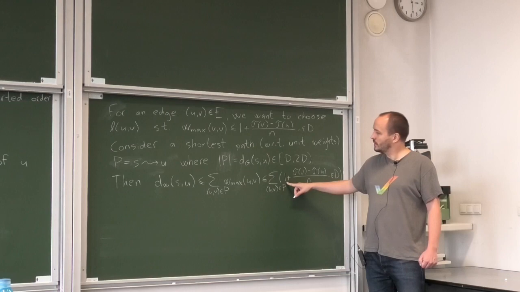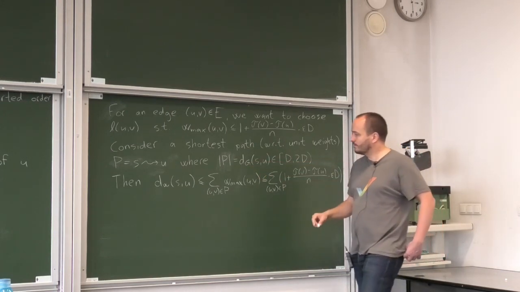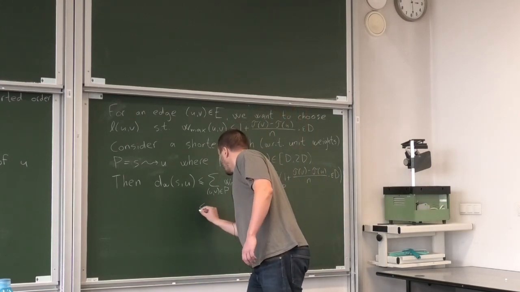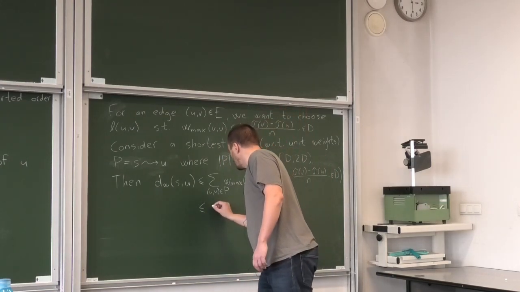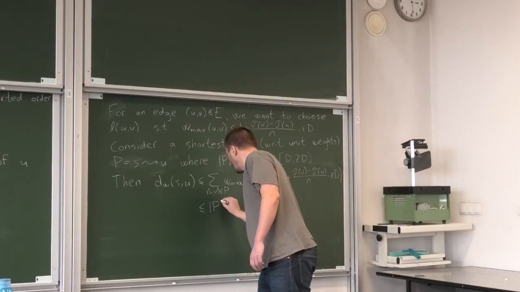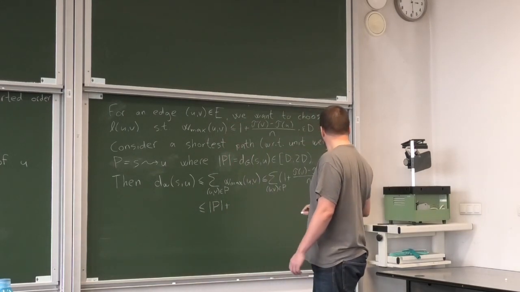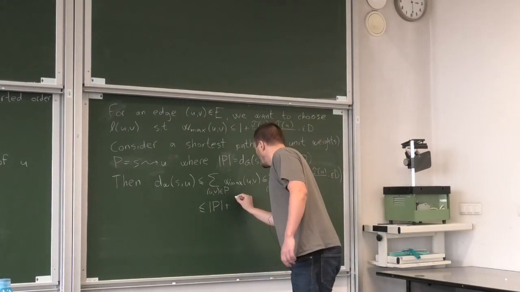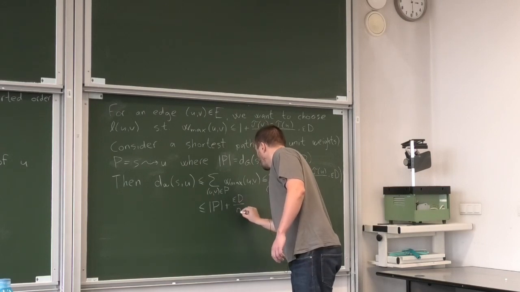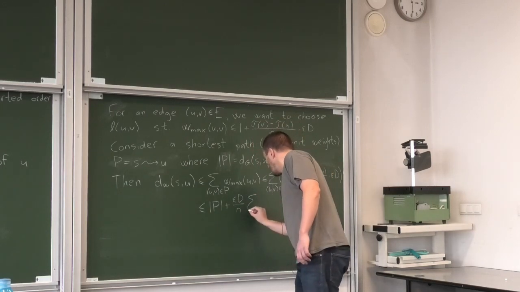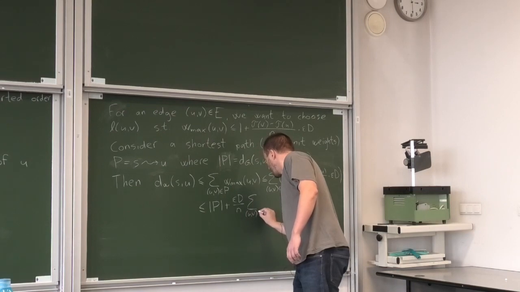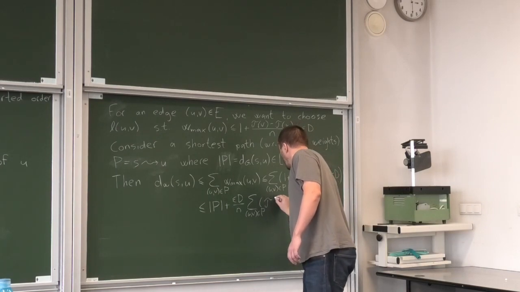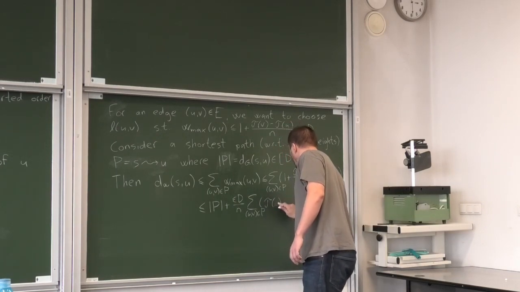They sum to the length of P. So this is less than or equal to the length of P plus, let's move epsilon d and n outside, the sum of tau of v minus tau of u.